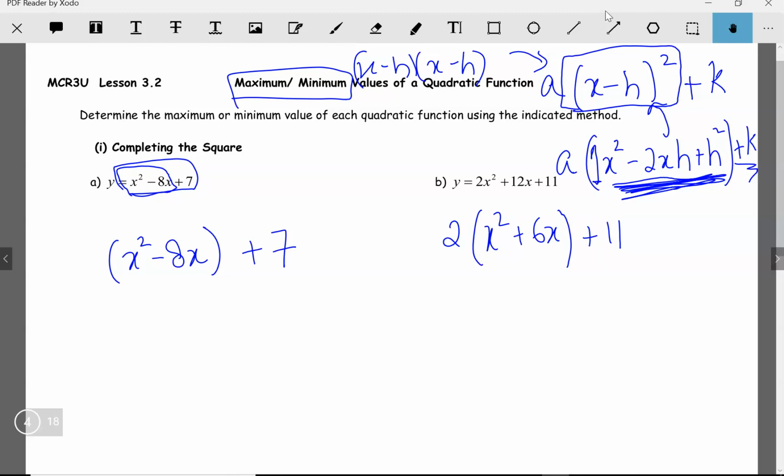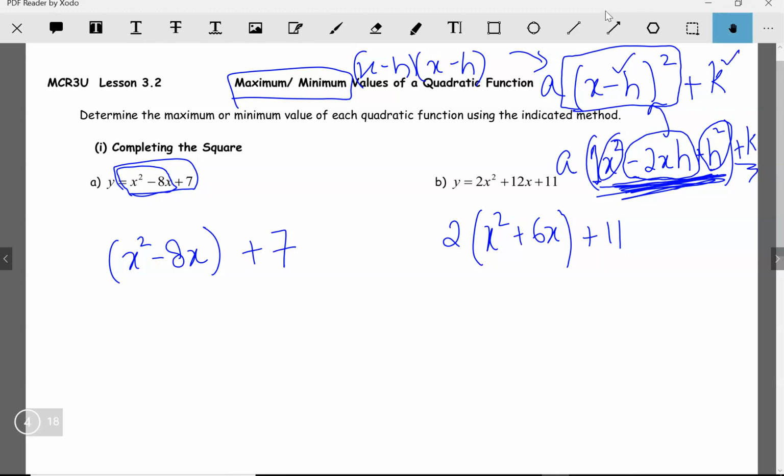Now, let's look at our form here. Again, (x minus h), this could be a plus h, depending on whether h is positive or negative. But let's look at what's inside our bracket. I have an x squared, I have a minus 2xh, and I have an h squared. So the key here is, what do we want to find? We want to find our h and our k, right?